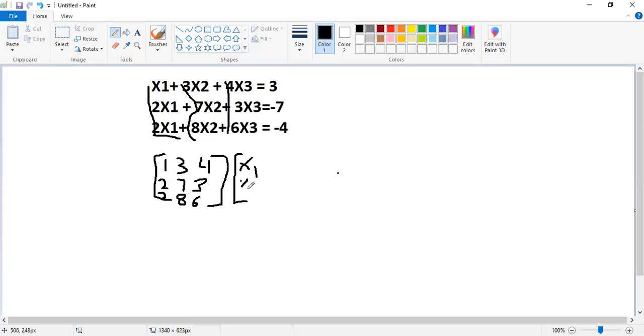So we have x1, x2 and then x3 is equal to, then now we group our resources as 3, -7, then -4.